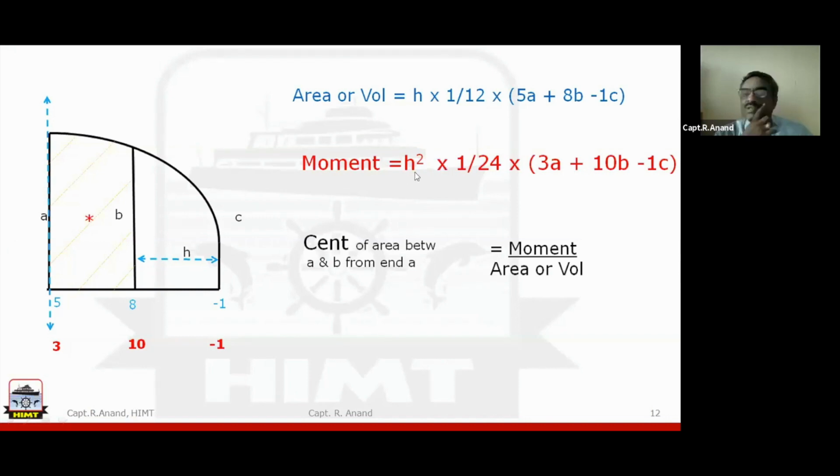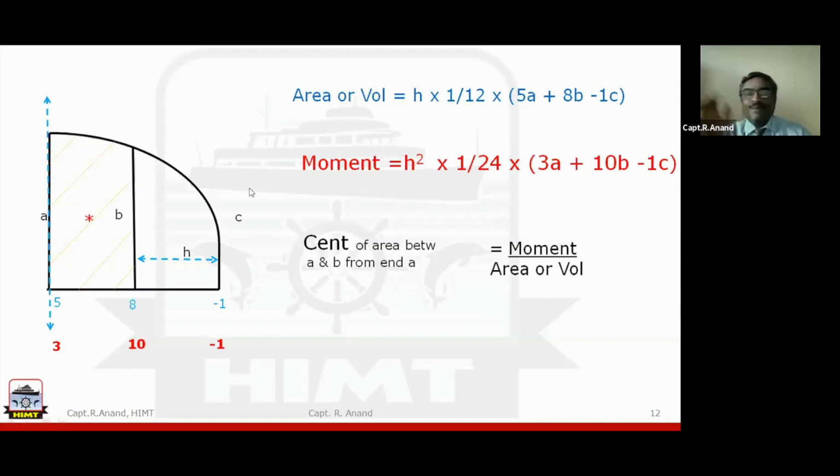So that is where this h comes into the picture. So this entire formula is again derived or simplified based on integral calculus. That's why you see the numbers and all are completely sounding illogical. It's not like that we are doubling it or something. It's kind of standard formula for the moment. It's a standard formula for moment.